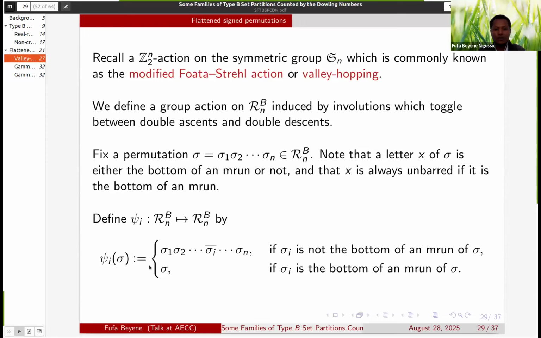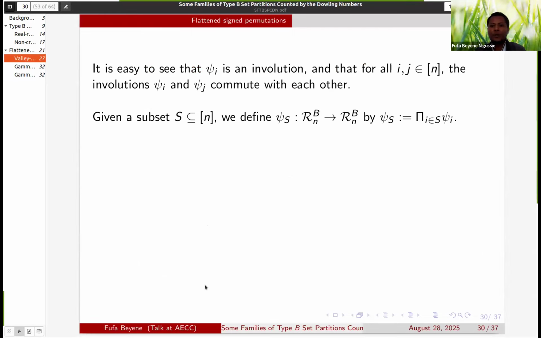So psi i of sigma is this one. We just bar sigma i if sigma i is not the bottom of an M run, otherwise we preserve sigma. So for all i, j in N, this psi i is an involution, and psi i and psi j are involutions which commute with each other.